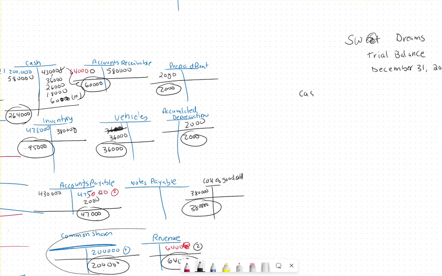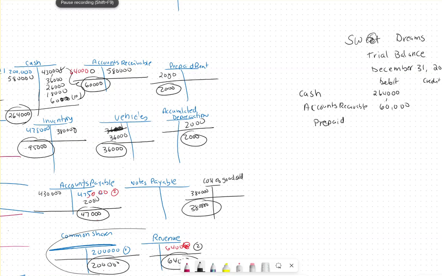First one is my cash, and we have a debit balance and a credit balance. That is your 264,000, and that is my debit. My next one is my accounts receivable, which is $60,000. I have a prepaid rent of $2,000.